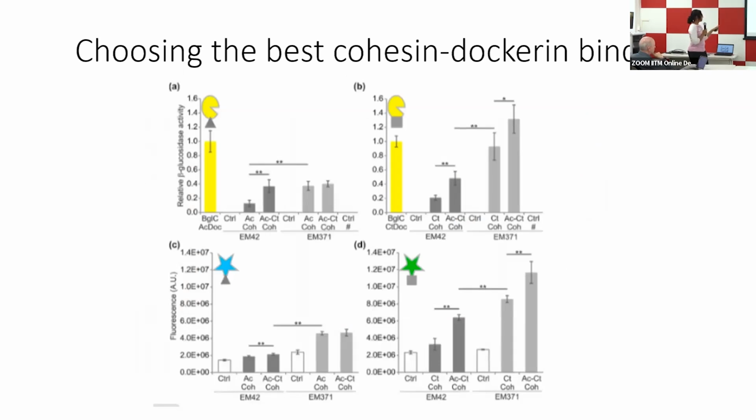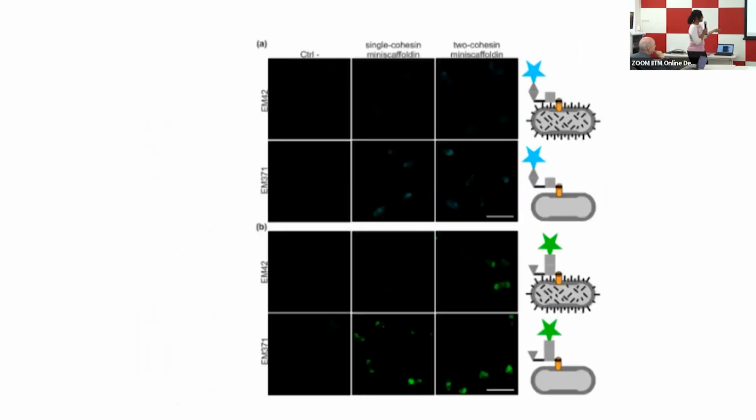In graph A and graph B, we can see that EM371 always shows a higher absorbance compared to EM42 in both cases, and the absorbance for the CT cohesin was more than for the AC cohesin. Another result was that surfaces which had both AC and CT cohesins showed the maximum absorbance. We observed something similar for GFP as well.